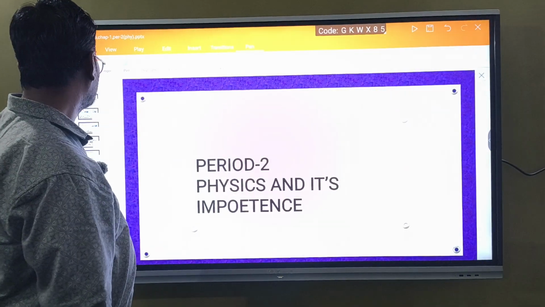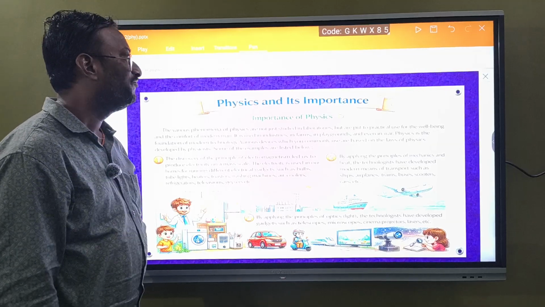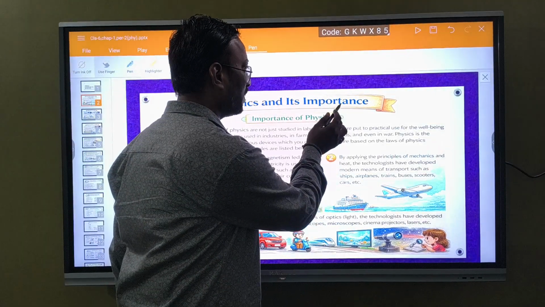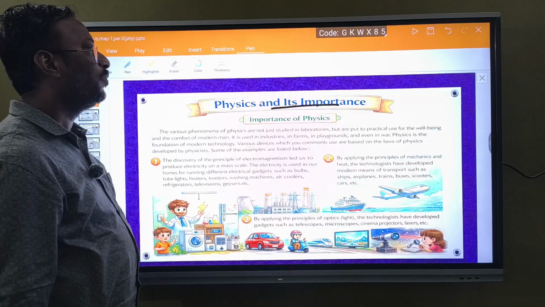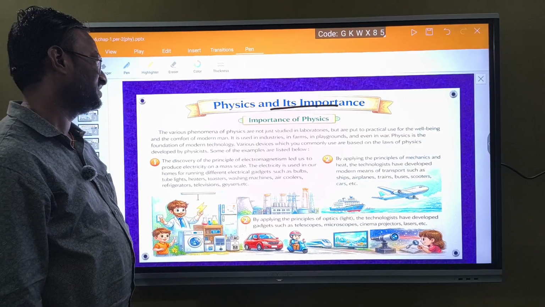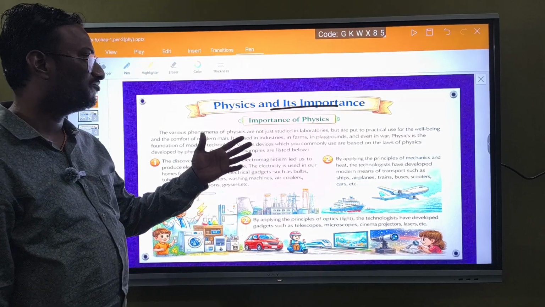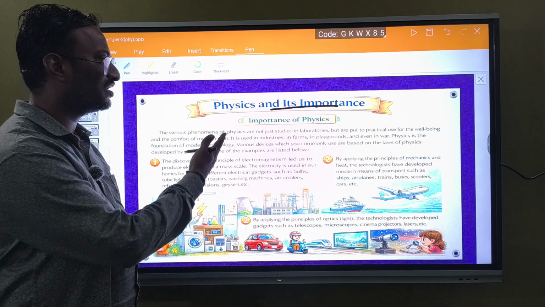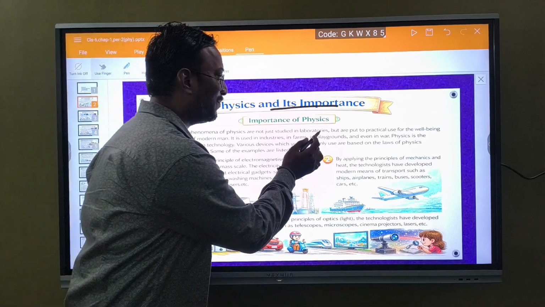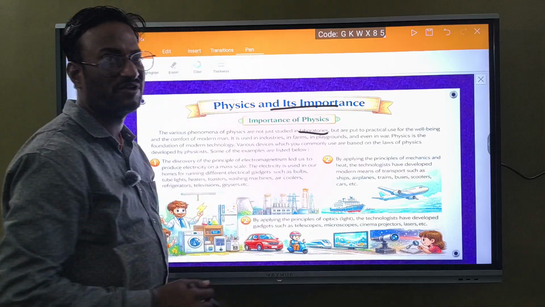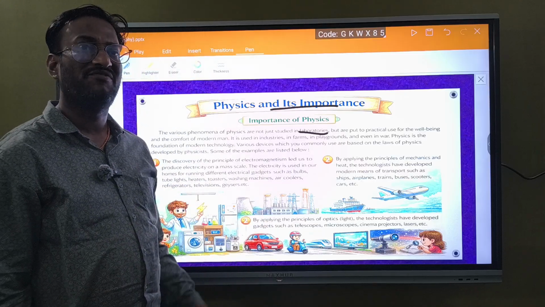So what is that? See now, physics and its importance. So what is the importance of physics? The various phenomena of physics are not just studied in laboratories. There are a lot of phenomena that have taken place in physics.